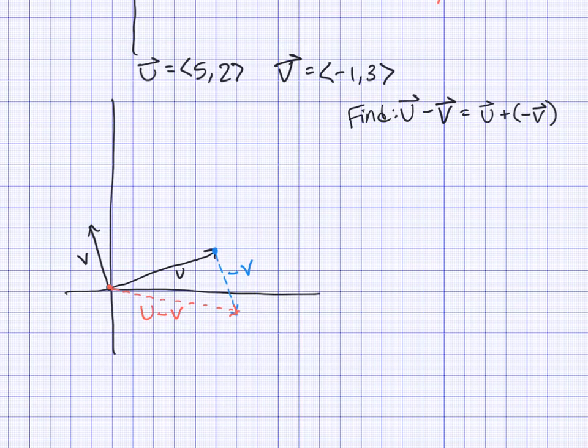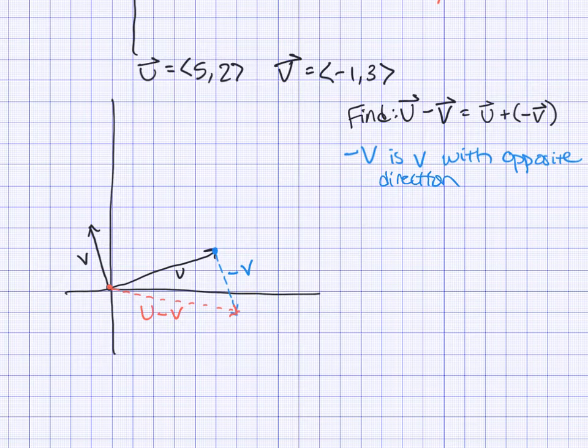So again, just remind yourself that negative v is v with an opposite direction. Now, if you were to do this algebraically, you can just leave it as a subtraction. You can turn it into a plus a negative.